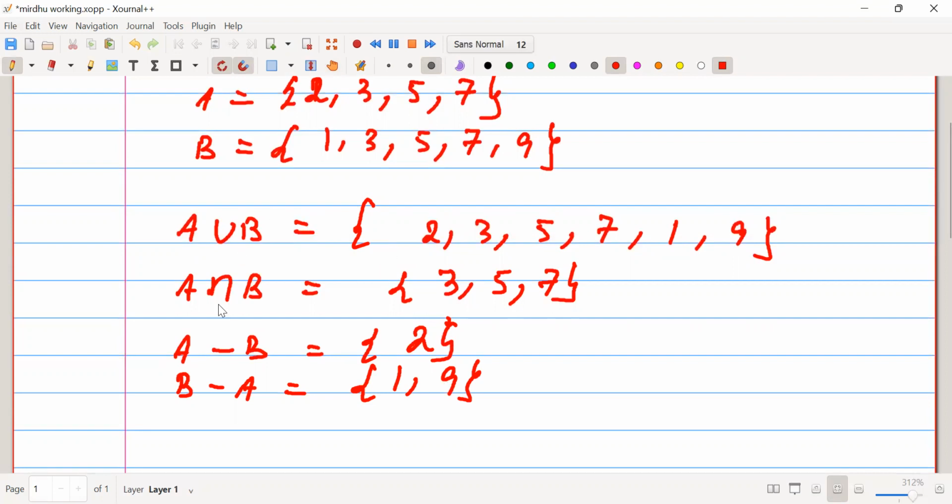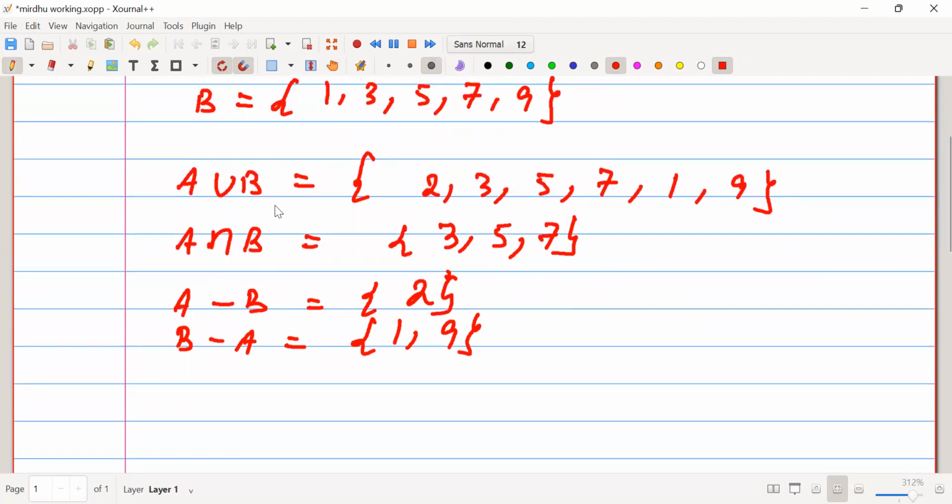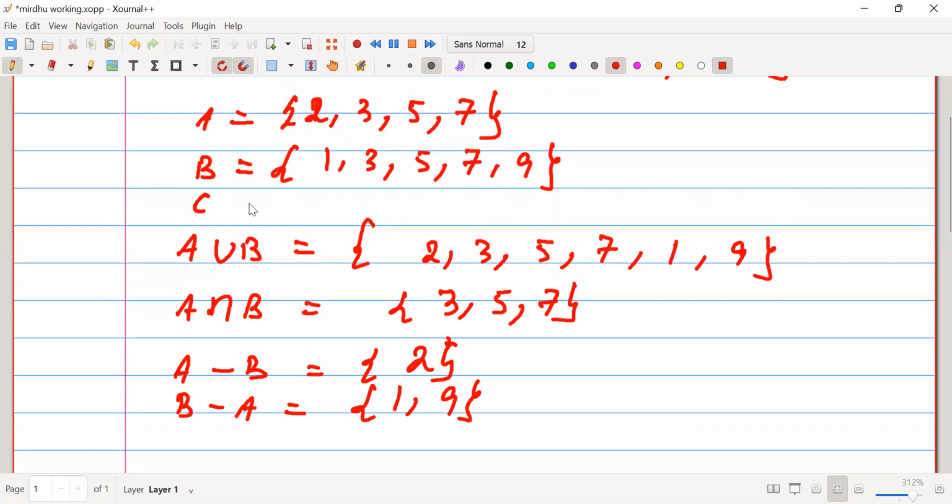Then union and intersection we have done. Next, can we put another set, C also? Set of even numbers: 2, 4, 6, 8, 10, less than or equal to 10. So we have three sets now, so there will be a lot of differences. We can go through A union B, B union C, A intersection B, B intersection C, and A intersection C. This is how we will be creating questions.